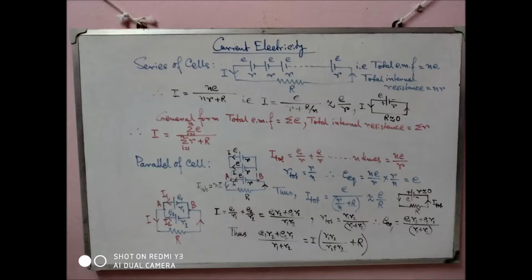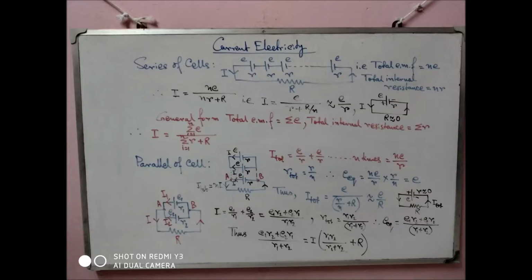Now suppose the EMFs are not equal, because in the first case we have considered all EMF same and all internal resistance same, but it may not be. Suppose EMFs are different, internal resistances also different: EMF E1, E2, E3 up to En, internal resistance r1, r2, r3 up to rn.